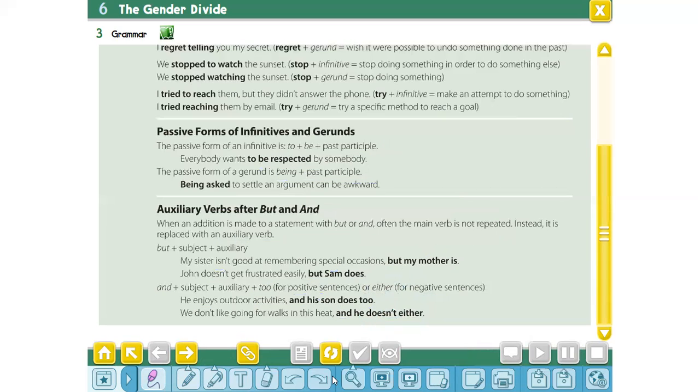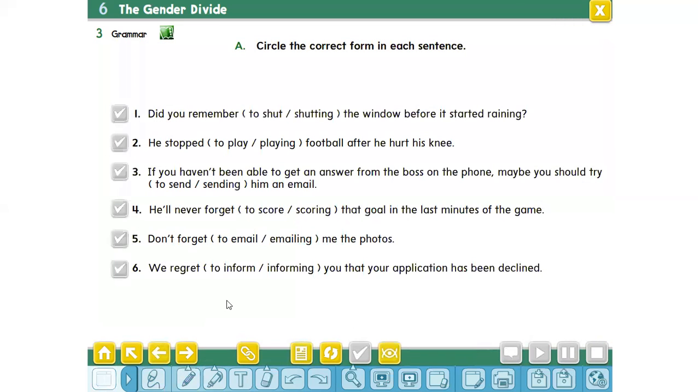Okay, now let's answer the following exercise. Exercise number A, circle the correct form in each sentence. Number 1, do you remember to shut or shutting the window before it started raining? Excellent, to shut.